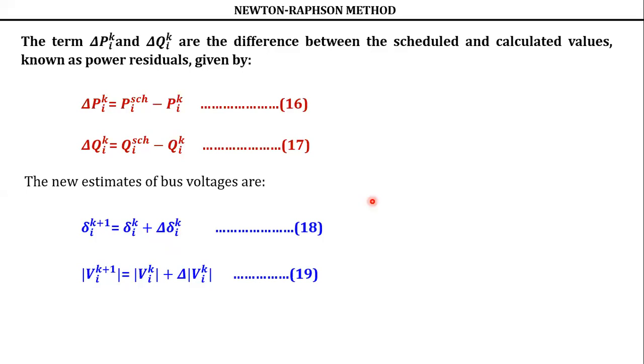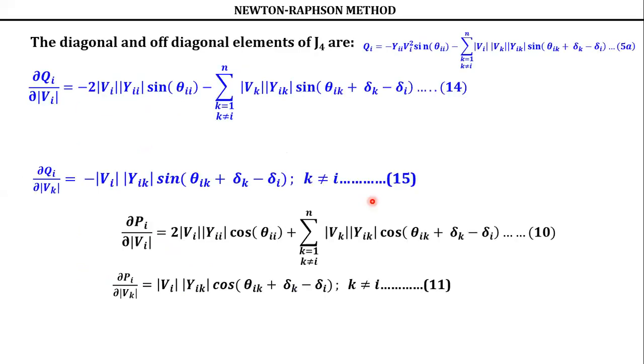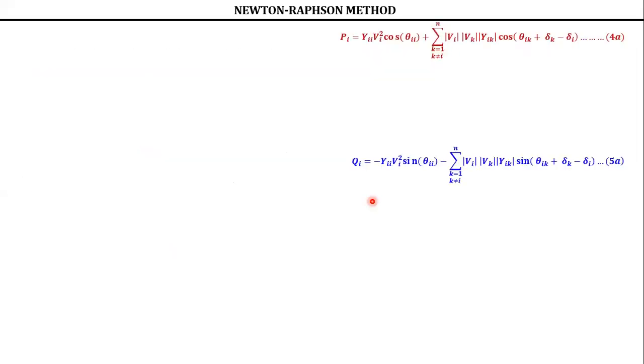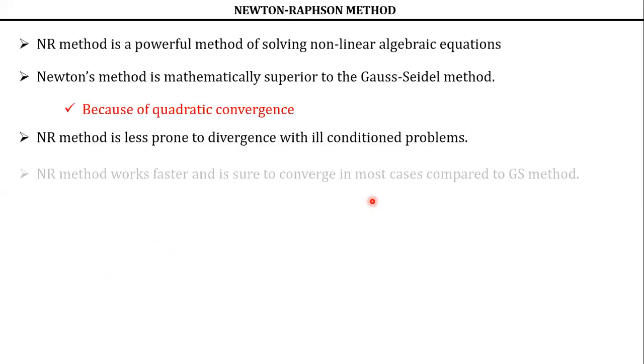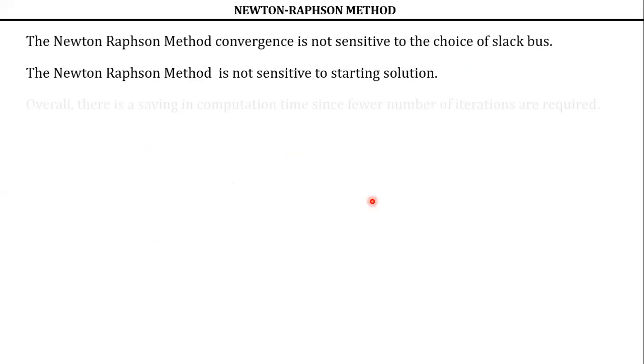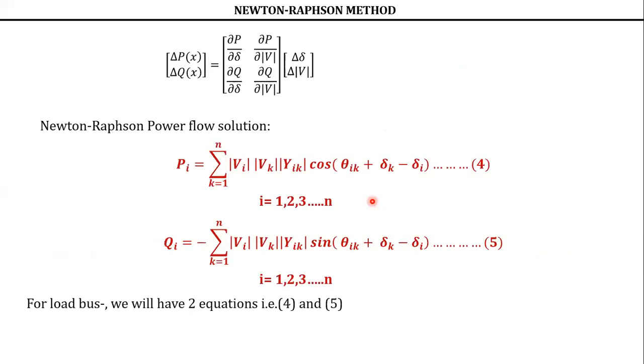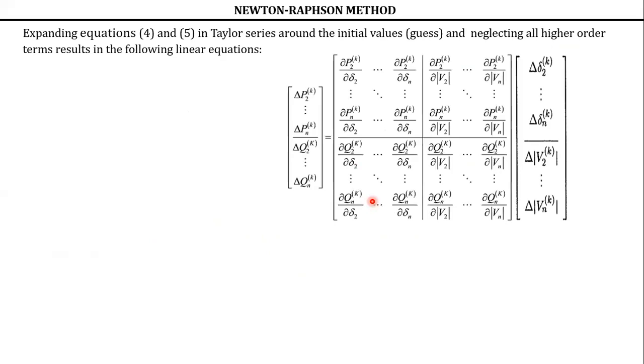So let me go back and tell you from where we will get it. You see here, this one. Because delta P2 to Pn, what is this?